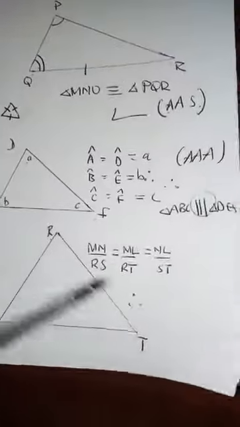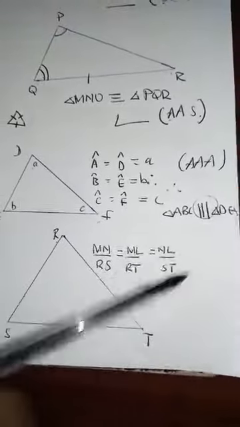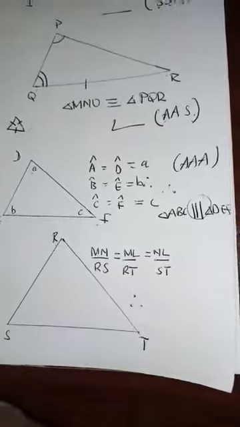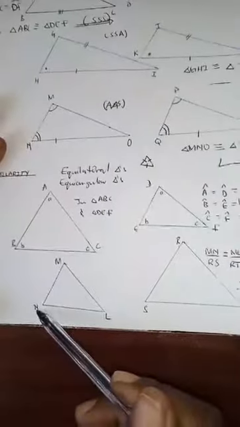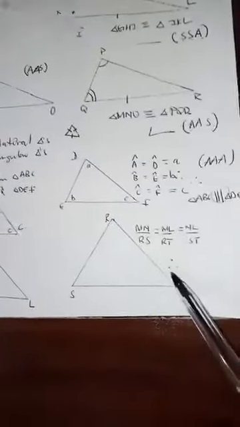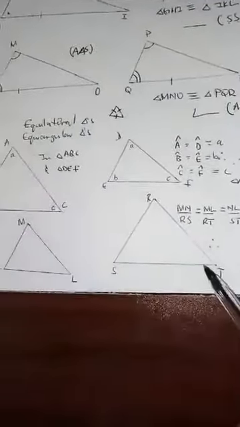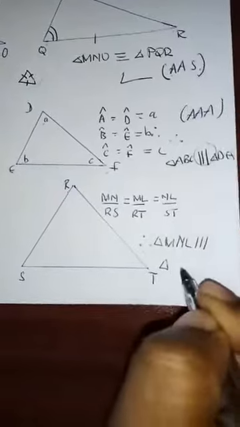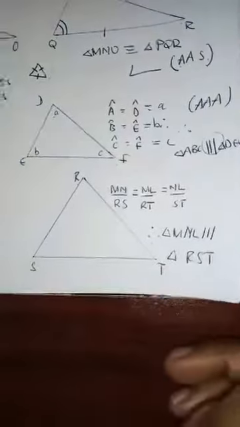You only need the proportions of the sides of the two triangles to be equal. So if you have MN over RS equal to ML over RT equal to NL over ST, therefore we say triangle MNL is similar to triangle RST. Right?